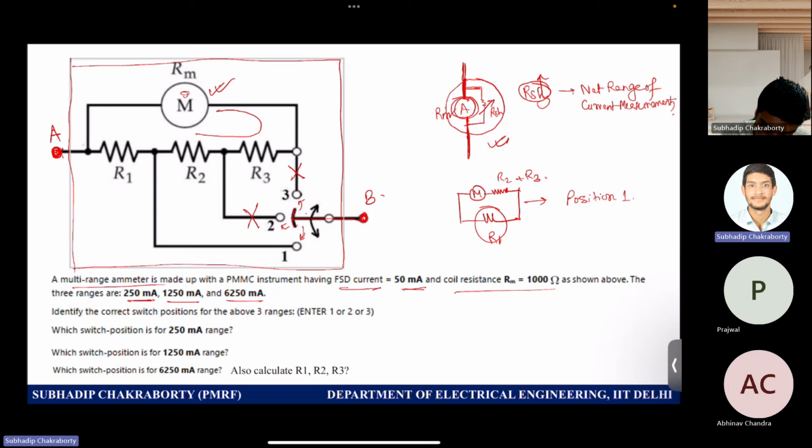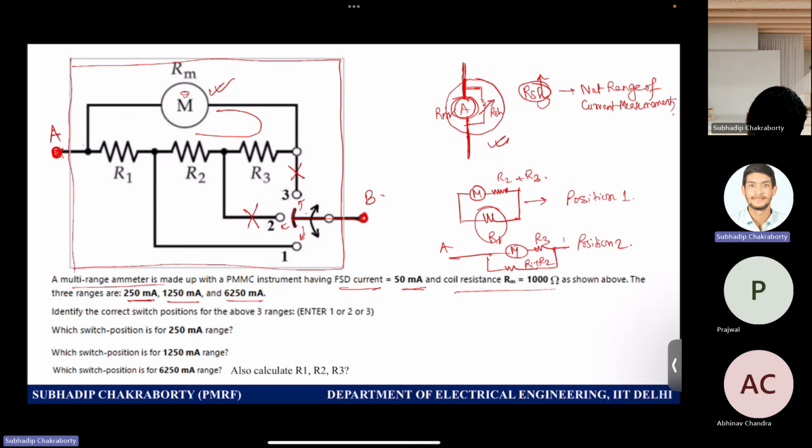Now if you put in position 2, what is happening? You have the meter and you have R3 only in series. However, R1 plus R2 comes in the shunt path.